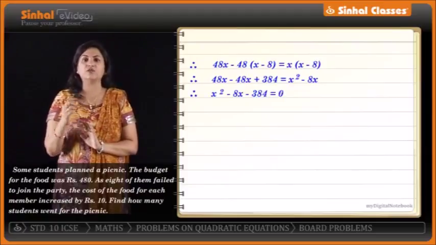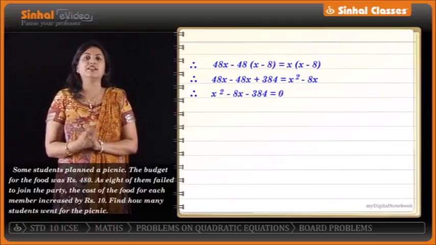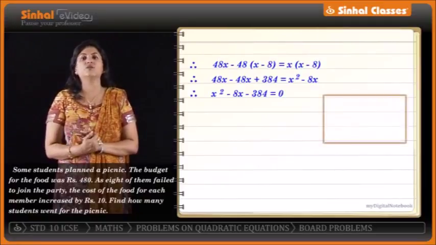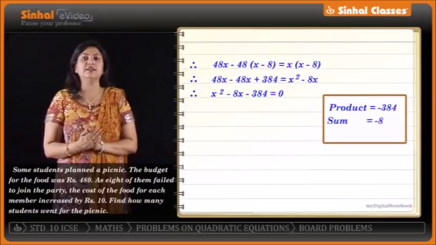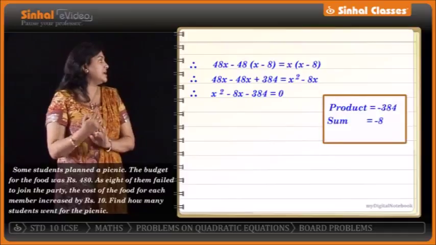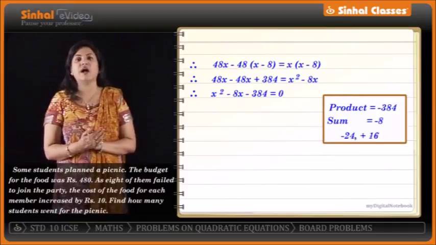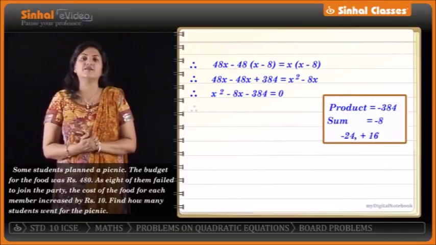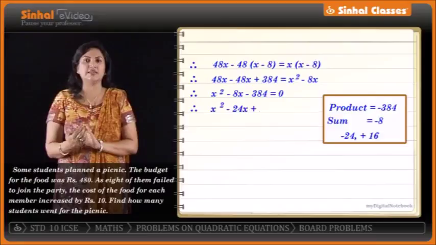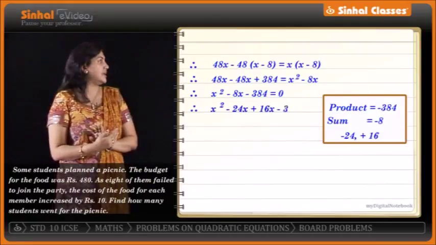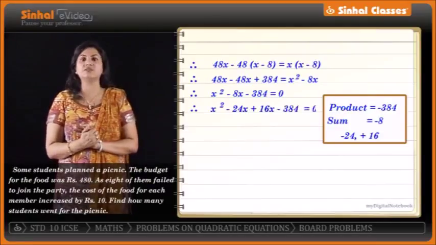So we have got the quadratic equation. Now we want two numbers whose product is minus 384 and sum is minus 8. So let the numbers be minus 24 and plus 16. We write the equation as x square minus 24x plus 16x minus 384 is equal to 0.